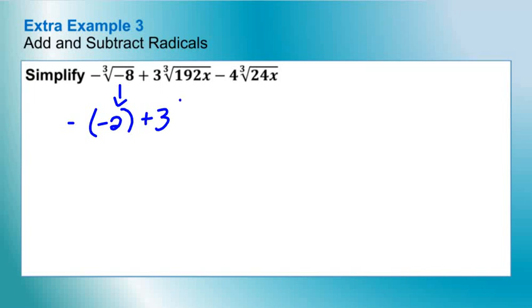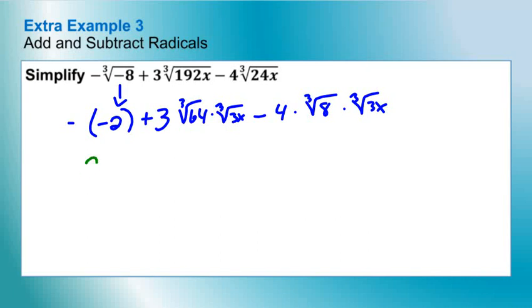So if we did the cube root of 64 times the cube root of 3x, then minus 4 times the cube root of 8 times the cube root of 3x.